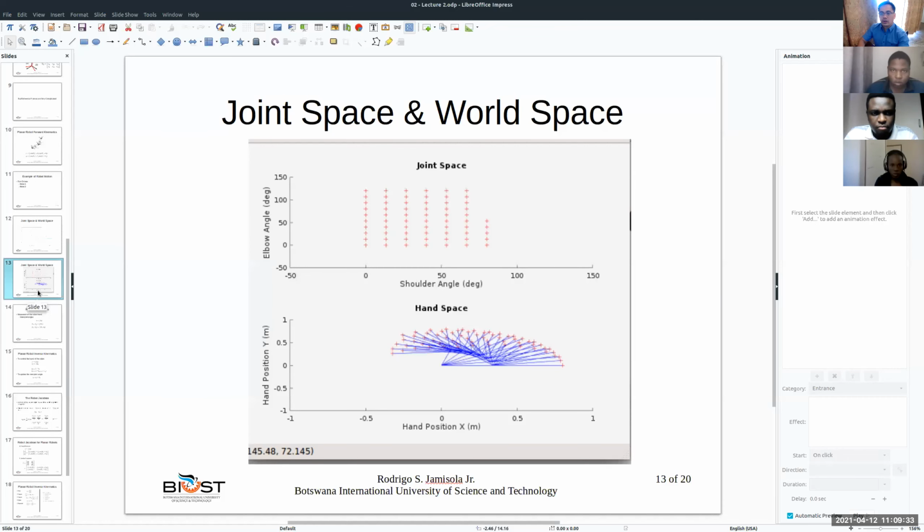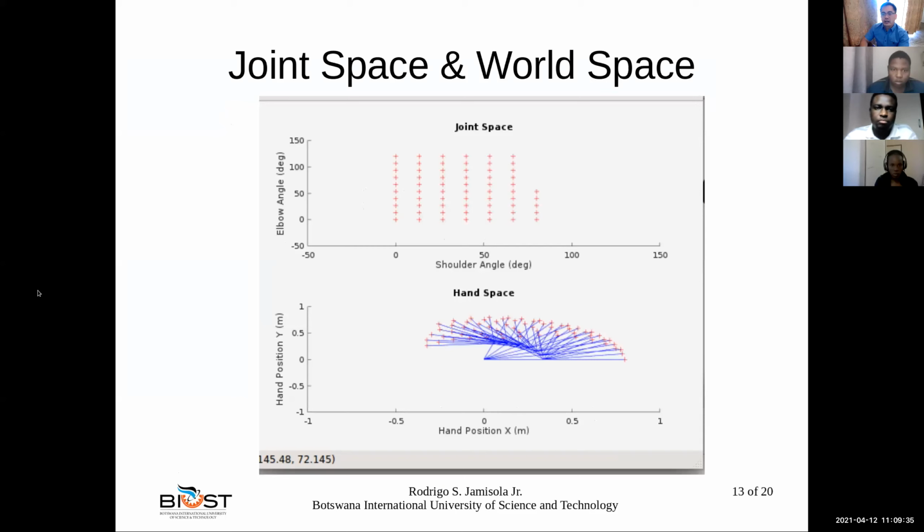So previously we have already mentioned, especially in your lab number 1, the joint values of, for example, a two-link manipulator. This is your joint 1, you can call shoulder, and joint 2, your elbow angle.